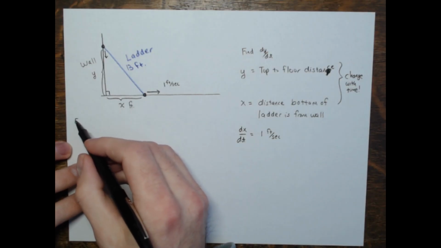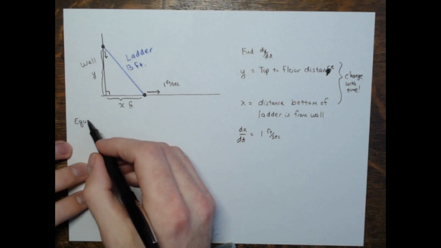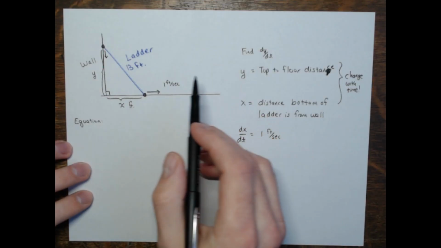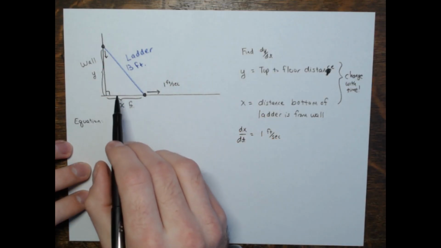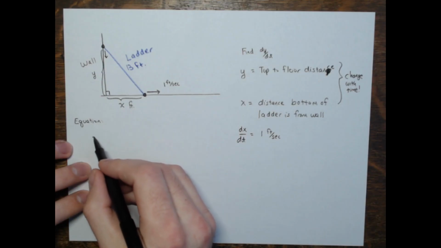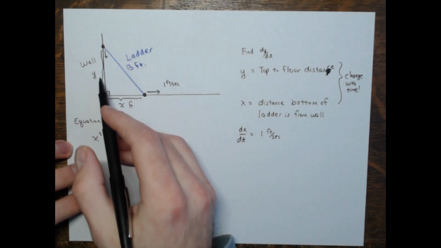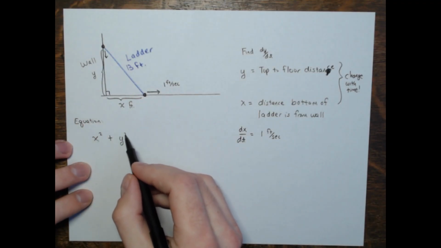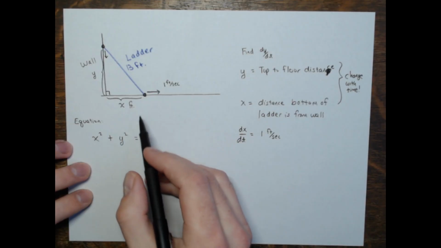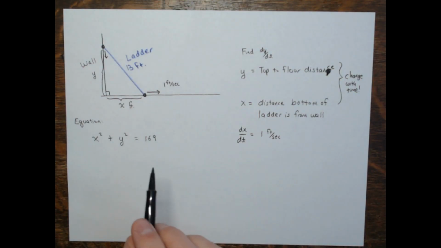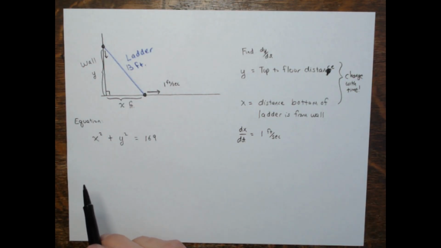So here's an equation, a relationship between x and y. You see the right triangle here. So by the Pythagorean theorem, no matter what x is, you square it, plus no matter what this y is, you square that, add them up, should be equal to 13 squared, which is 169. This should always be happening.